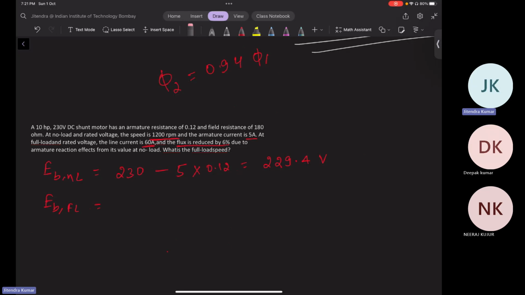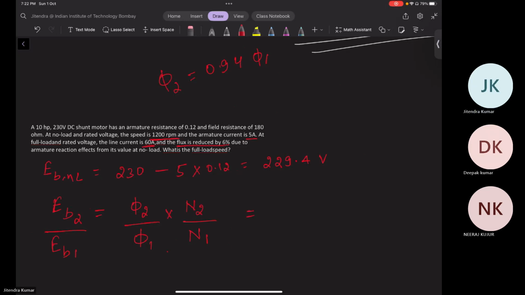So now EB2 by EB1 is equal to phi 2 by phi 1 into N2 by N1.